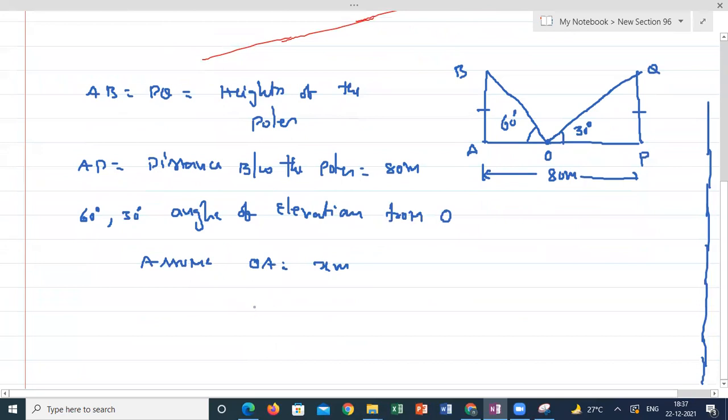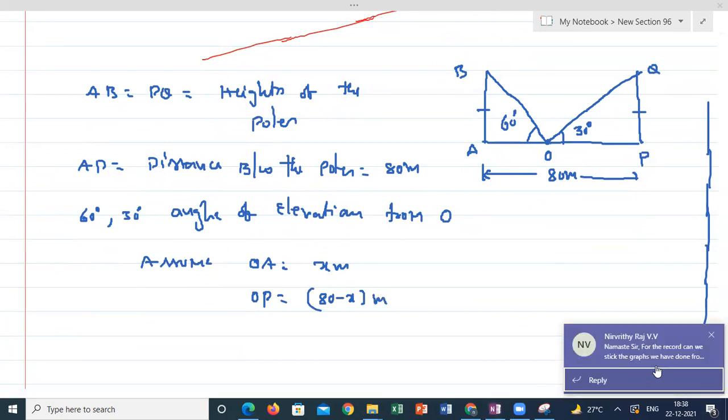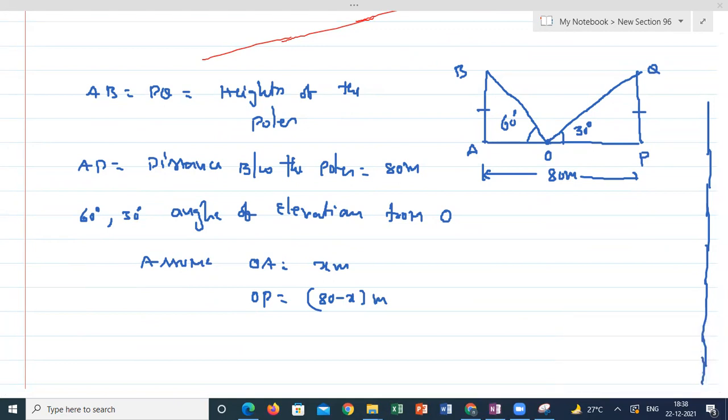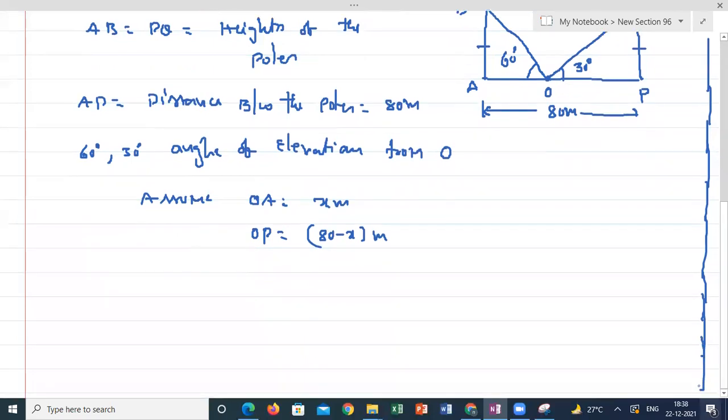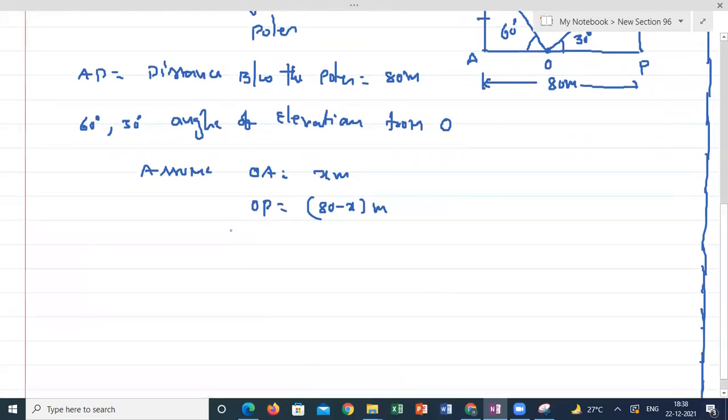OP will be equal to 80 minus x meters. I'm taking the first triangle to get a relation. My job is to calculate AB, PQ and the x value.